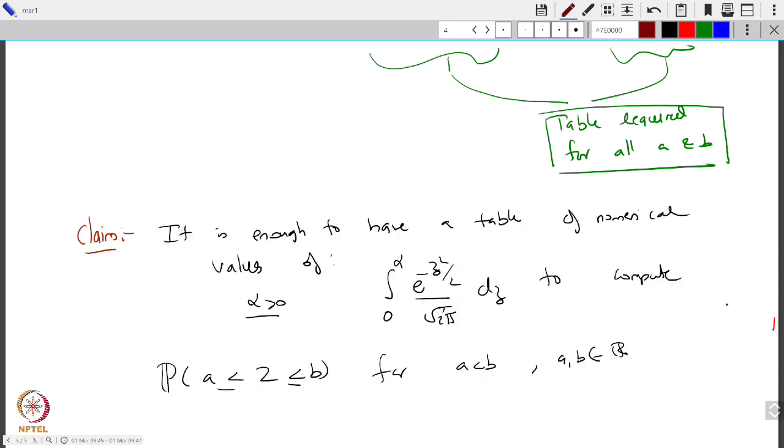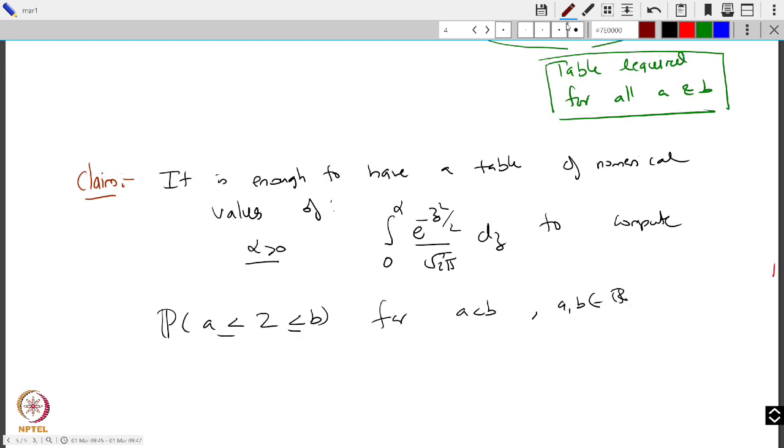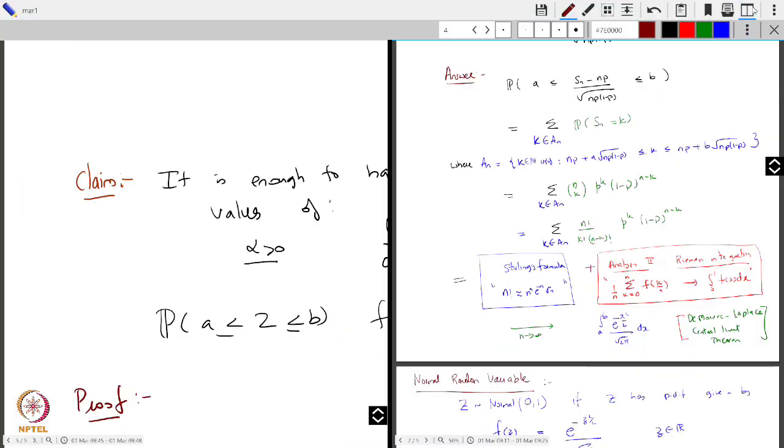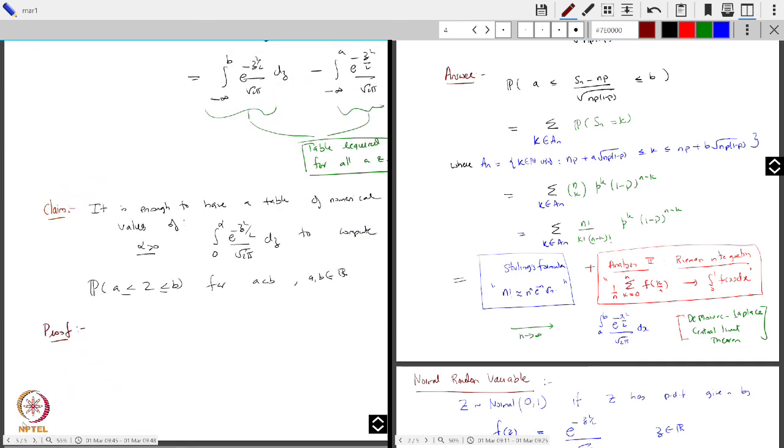Okay, I'll do the proof when I come back. I'll show you that for any A and B, if I want to compute this probability, it's enough to calculate from these sorts of ideas. So maybe I'll leave you with this document, the recap of everything we've done so far, so you can think about how to do this claim.